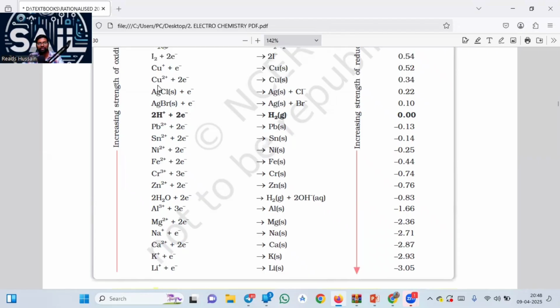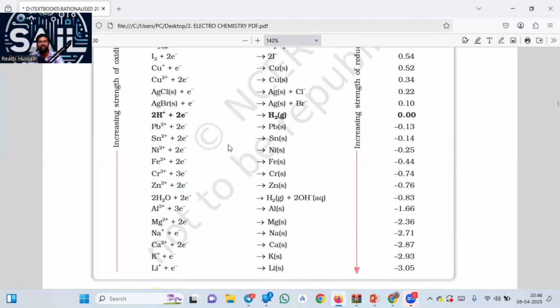See here, there is zinc, whose value is minus 0.76 volts. Copper has plus 0.34 volts. So this is the cathode.